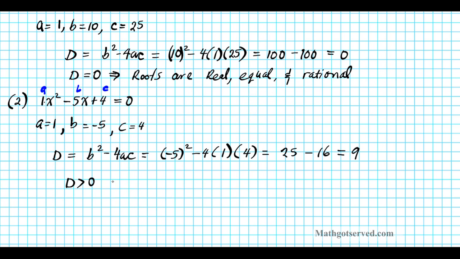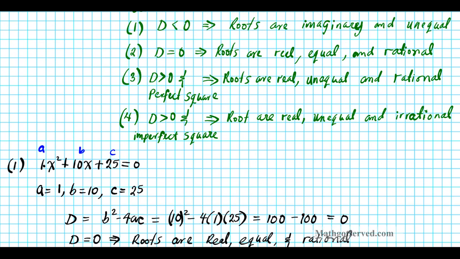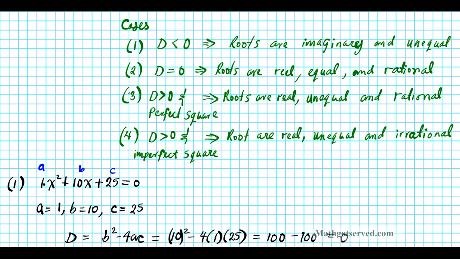Not only is it positive, it is a perfect square. So d is greater than 0 and a perfect square. What case are we looking at here? Case number 3, greater than 0 and a perfect square.